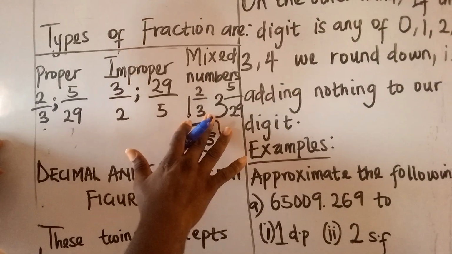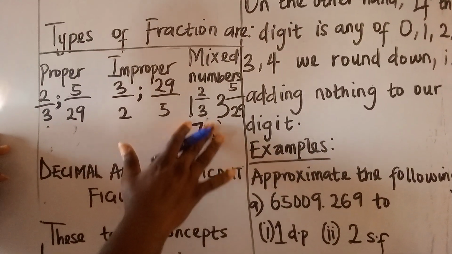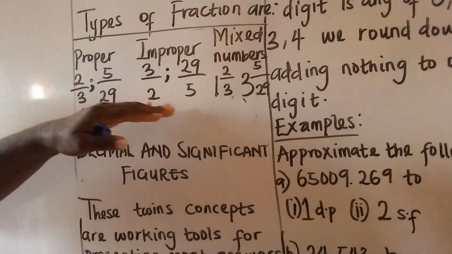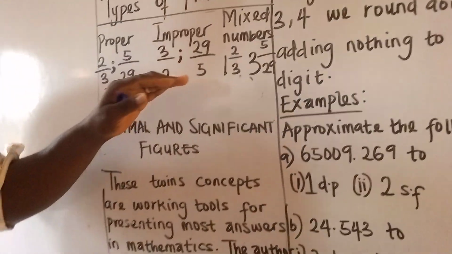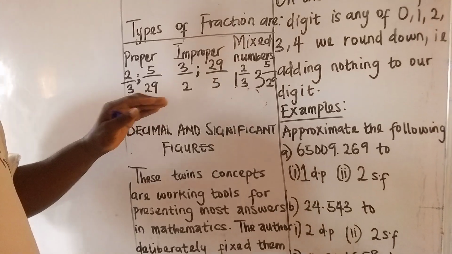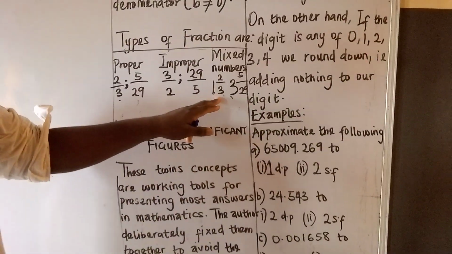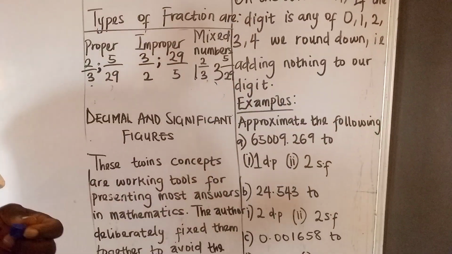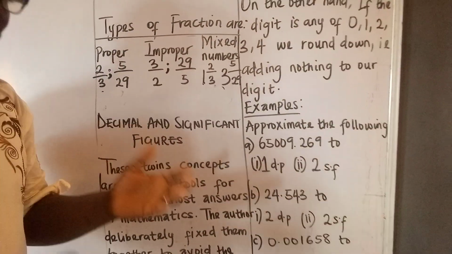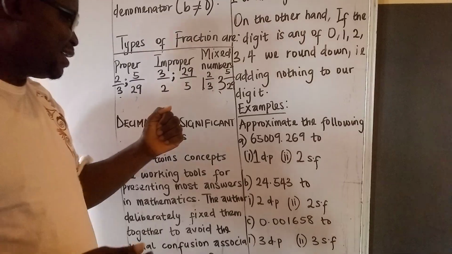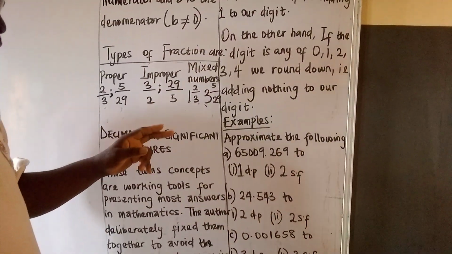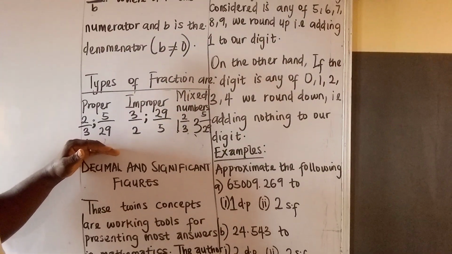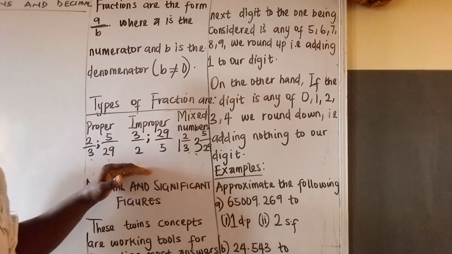It is still a mixed number. It is important to know that we can convert a mixed fraction to an improper fraction for easy mathematical operation. I will show you how that is done, so that we can practice further.